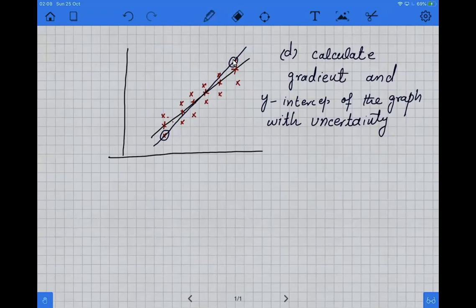Now label the lines. The central line is the line of best fit. And this is the worst line. You have the line of best fit and you have the worst line.